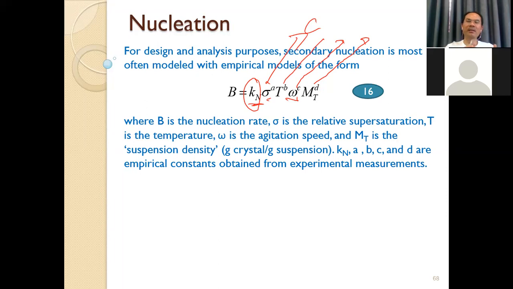It depends on the amount of solid suspended in the liquid. That's right. These are the parameters that affect nucleation based on secondary nucleation. It depends on concentration, meaning the concentration of solute dissolved in the solvent. Temperature, that's right. The mixing speed and the density of the suspension. That's right. It's the parameter. Okay.